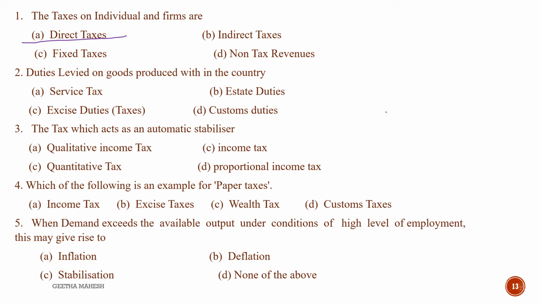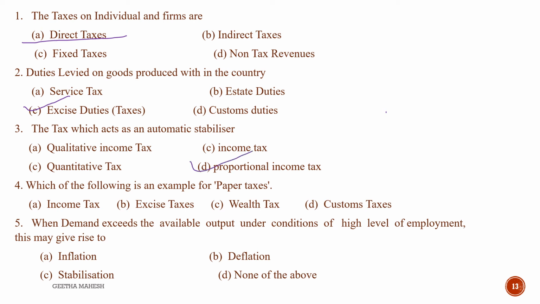Duties levied on goods produced within the country: service tax, estate duties, excise duties, custom duties. It is excise duties. The tax which acts as an automatic stabilizer: qualitative income tax, quantitative tax, proportional income tax.